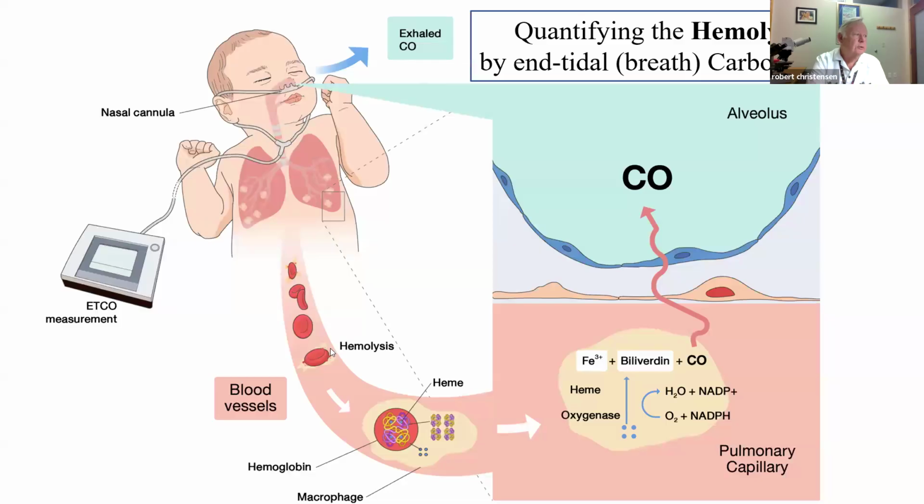And it measures carbon monoxide, which is relevant to the issue of hemolysis, because every molecule of heme that is degraded to biliverdin and then bilirubin releases a molecule of CO, which as a gas eventually finds its way to the lungs and is exhaled. And therefore, measuring end-tidal breath carbon monoxide minus any CO in the ambient gas, which is measured and subtracted out of the equation, gives us a metric from which we can figure the lifespan of the red cells.